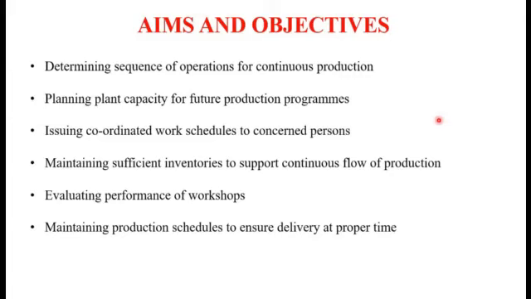Then planning plant activity for future production programs, so for future schedules and future production requirements we can plan accordingly. Then issuing coordinated work schedules to the concerned persons. Then again, maintaining sufficient inventories to support the continuous flow of production.